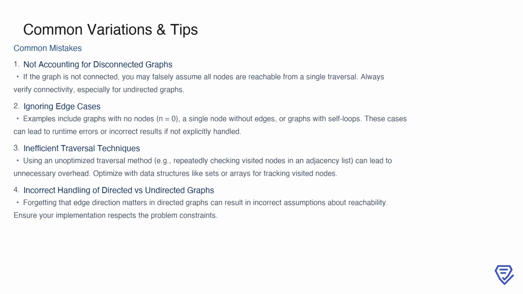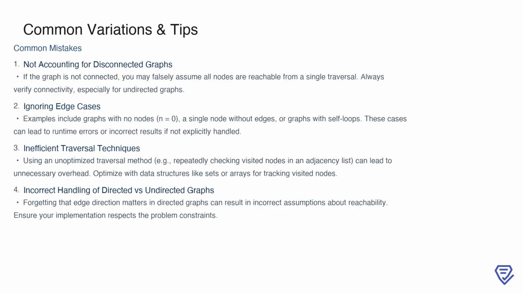One common mistake to watch out for is not accounting for disconnected graphs. If the graph isn't connected, you can't assume all nodes are reachable from a single traversal. This is especially important for undirected graphs, where it's easy to overlook isolated components. Another frequent oversight is ignoring edge cases. For example, what happens if the graph has no nodes, just a single node without any edges, or contains self-loops?